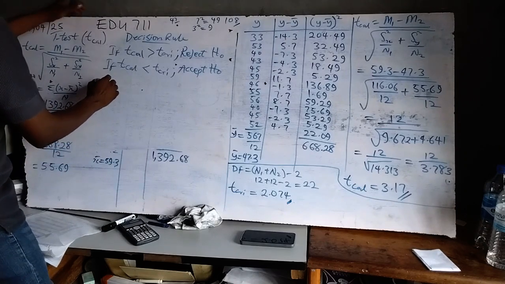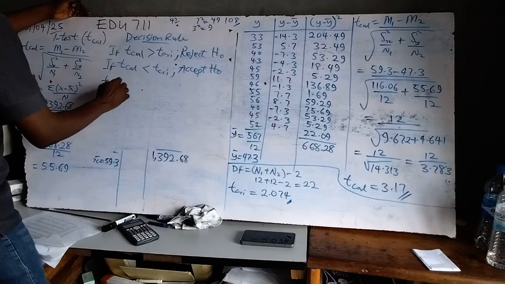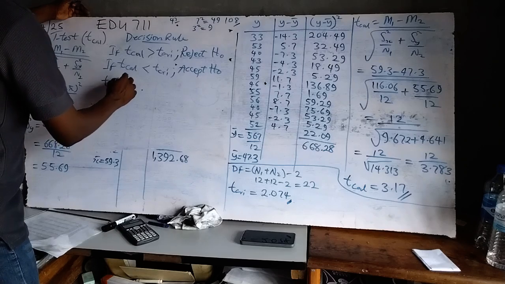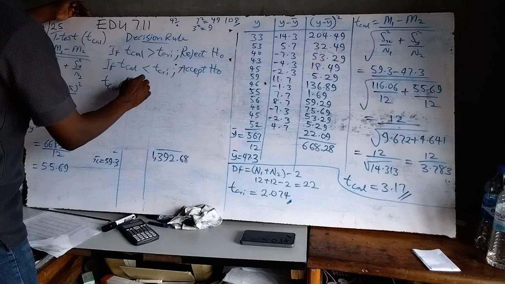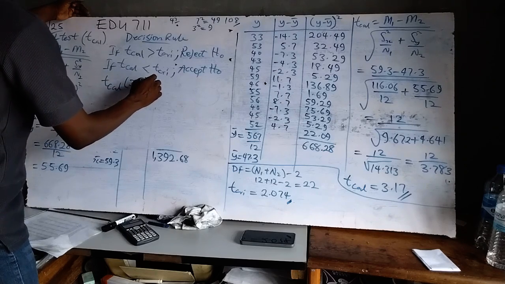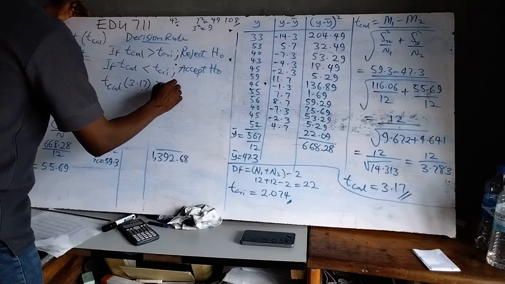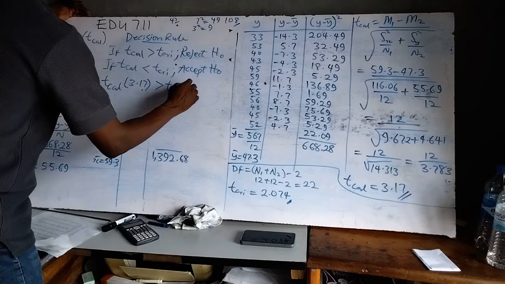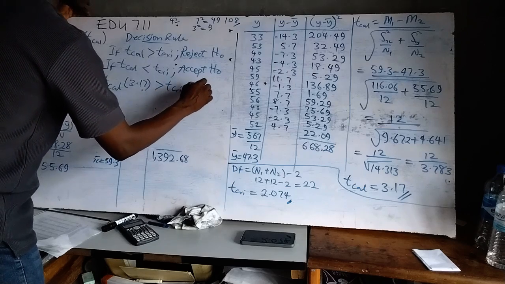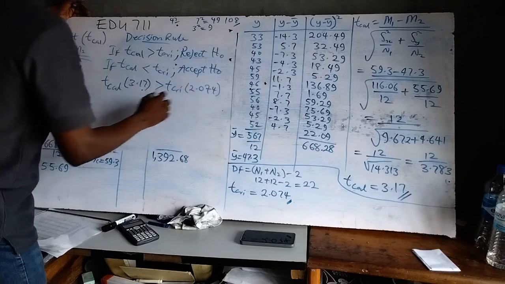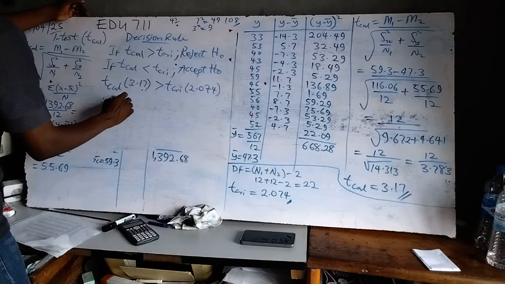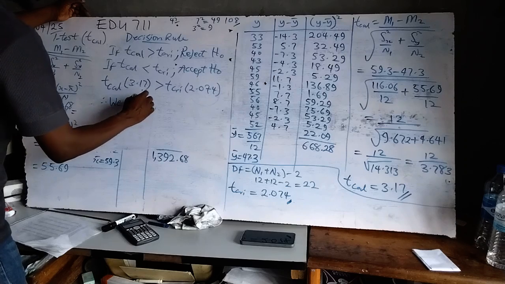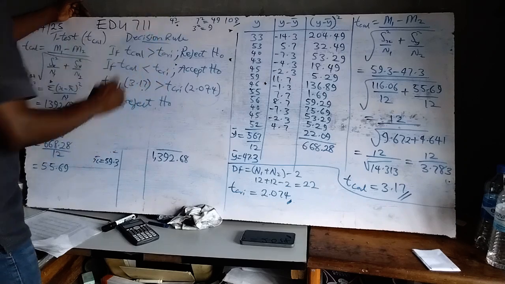So in this case, our T cal, which is 3.17, is greater than our T critical, which is 2.074. Therefore, we reject H naught.